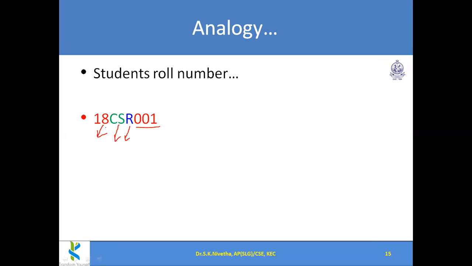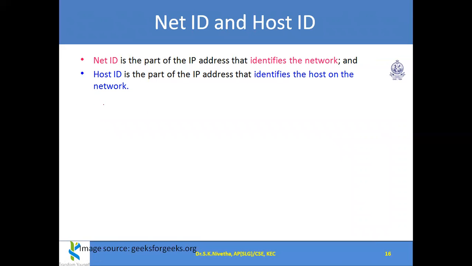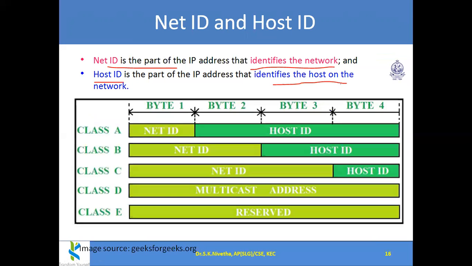Likewise, in the IP address we have parts, based on which we can quickly identify which network and which host the IP address belongs to. The net ID identifies the network, and the host ID identifies the host on the network. So this is the complete view.